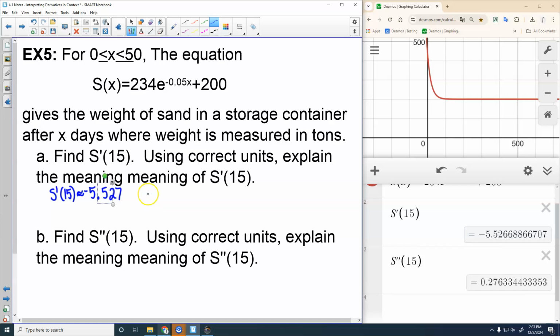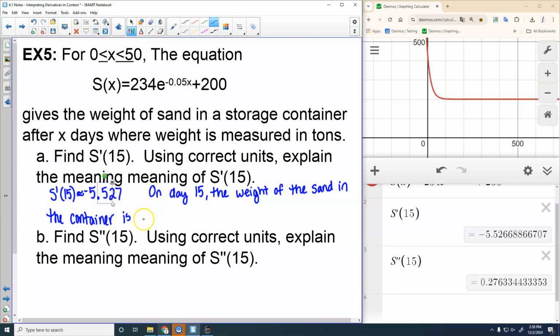So in this case, at 15 days, or I probably would say on day 15, the weight of the sand in the container is, are we increasing or decreasing?